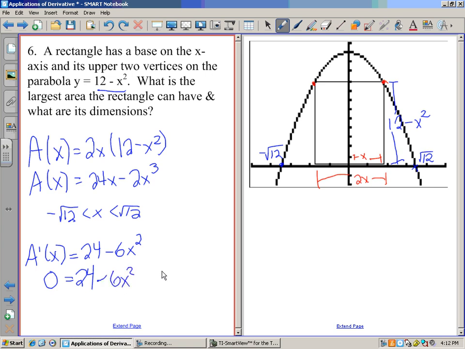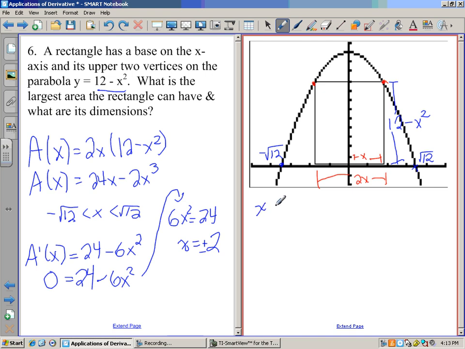So solving, and let me come up here, I still have some room on this page, I would get 6x squared equals 24, and x is going to equal plus or minus 2. All right. So what that means is I will have a critical point at x equals plus or minus 2.